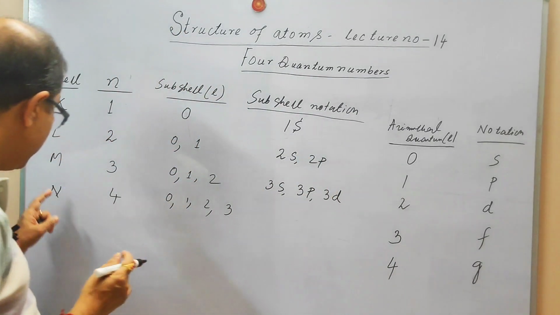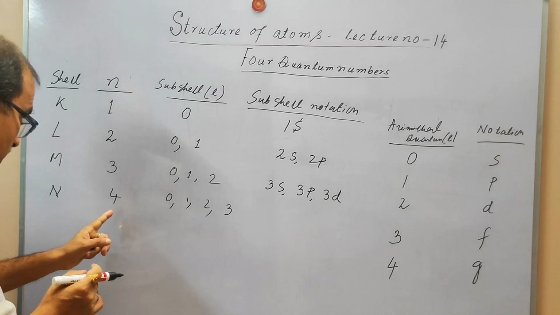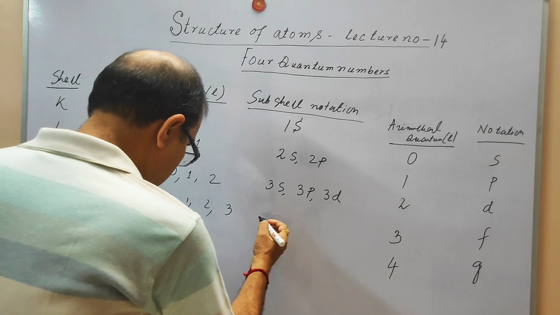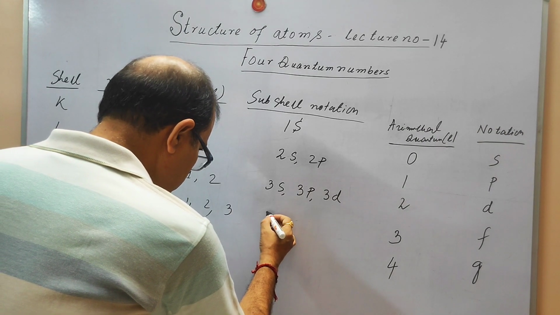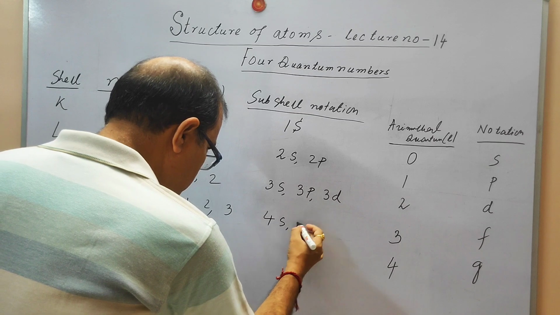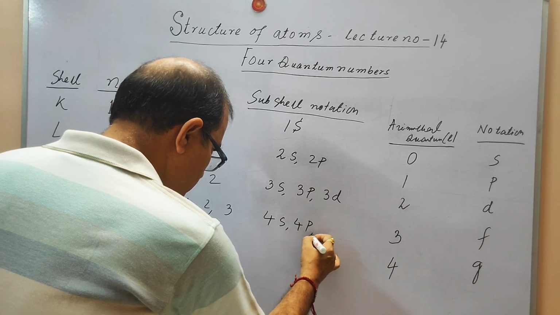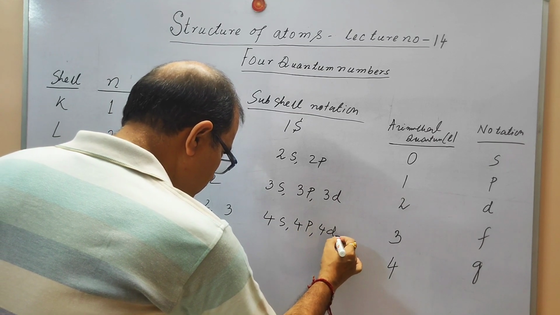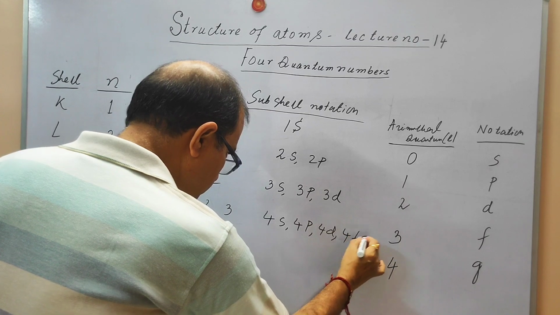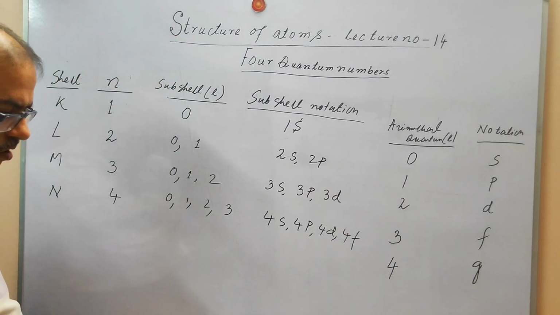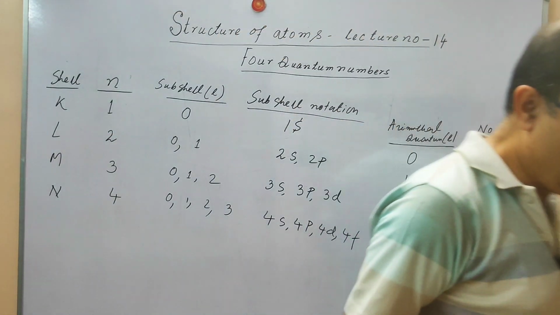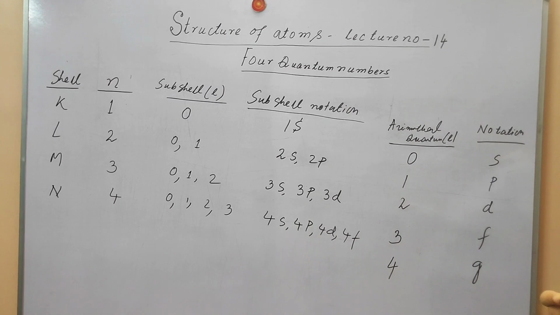And when it is the N shell, with principal quantum number 4, it will give us 4s, 4p, 4d and 4f. So you can see that according to the shell, the subshell notation is like this.